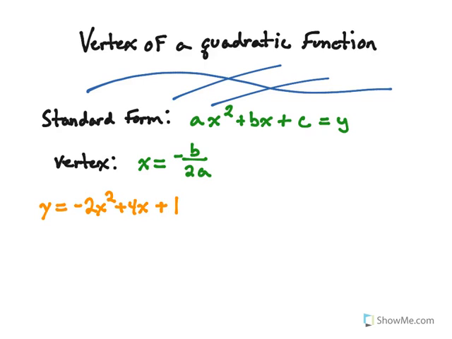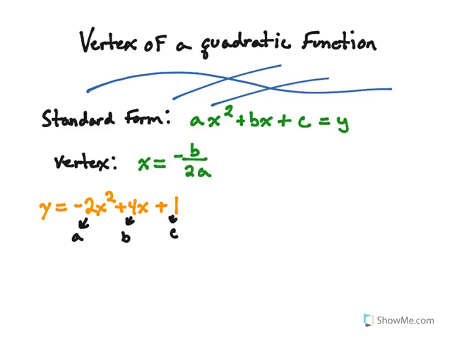Well, the vertex, like I said, we need the x coordinate. If we go ahead and identify coefficients here, this is the a coefficient, this is going to be the b, and that's going to be the c. But when we find the x coordinate of the vertex, we don't need the c coefficient, we just need a and b.